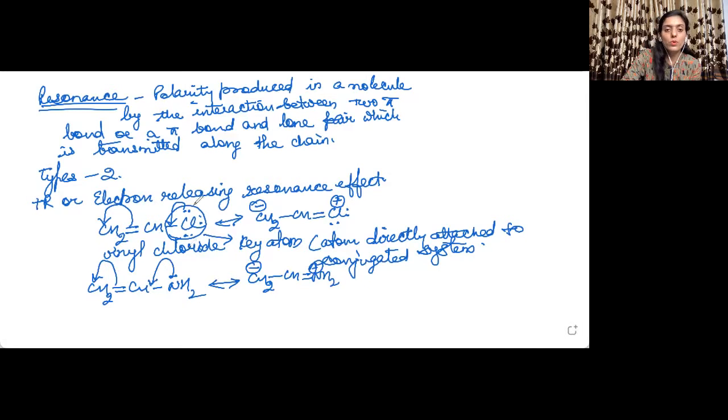Now let us move to the benzene ring. If a group of atoms or an atom having a lone pair is attached to the benzene ring, then what will happen? So here we have NH2. Here is the lone pair. These are the 3 double bonds. This lone pair of electrons on nitrogen is in conjugation with this double bond because they are at 1 bond distance.